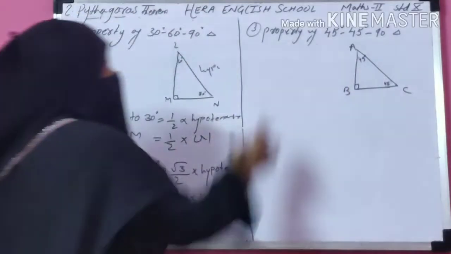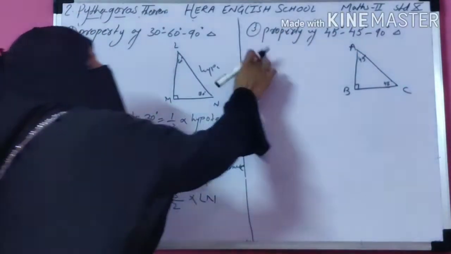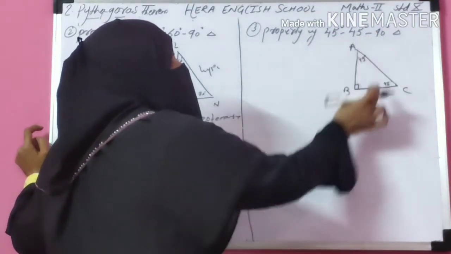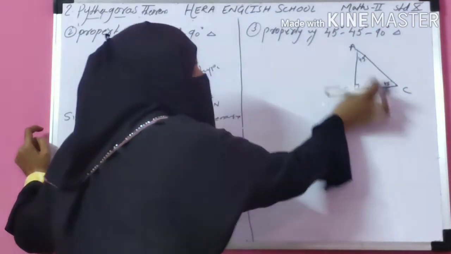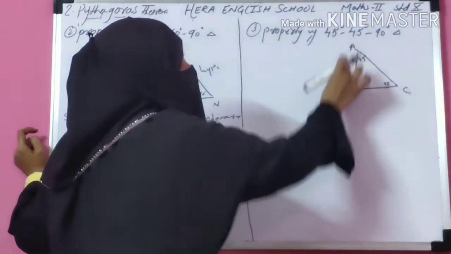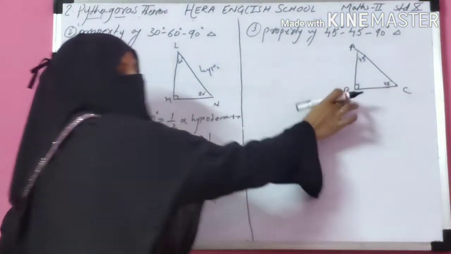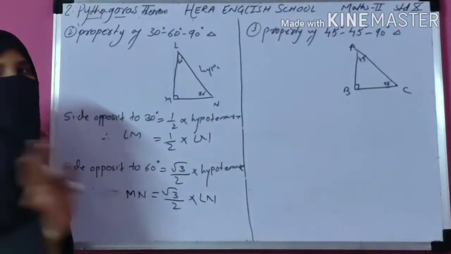So this is a 45, 45, 90 degree triangle. The side opposite to 45: here BC is opposite to 45 degree and AB is also opposite to 45 degree. The side opposite to 45 degree is 1 upon root 2 times the hypotenuse.